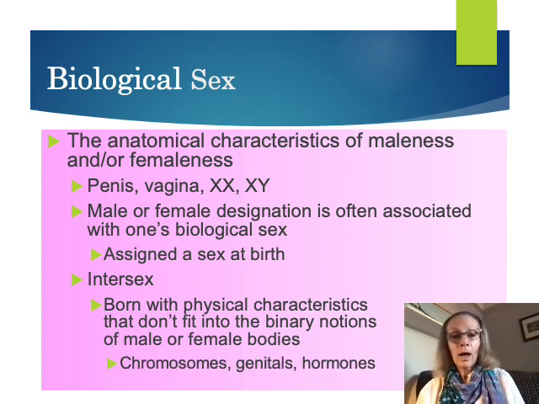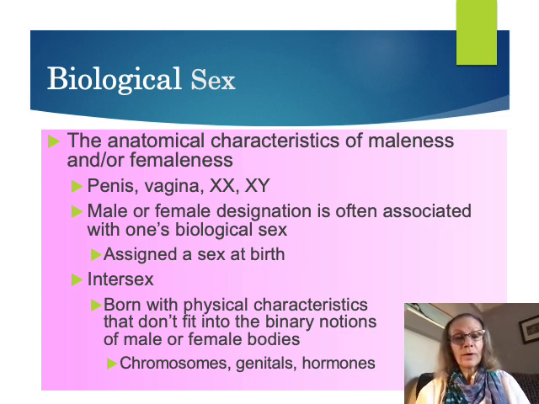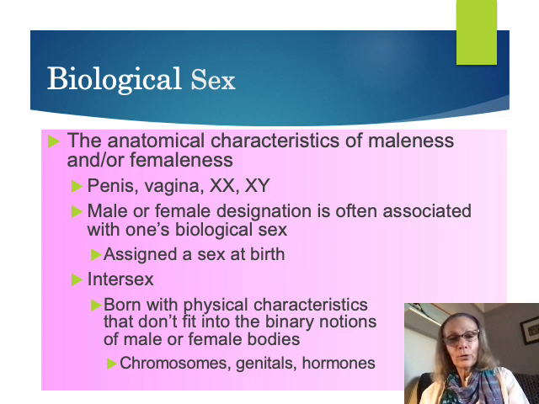When it comes to genitals, a person can be born with both ovaries and testicular tissue. An individual could have a penis on the outside of their body, but on the inside, they could have testicles and a uterus.